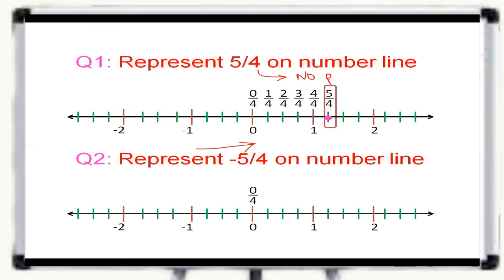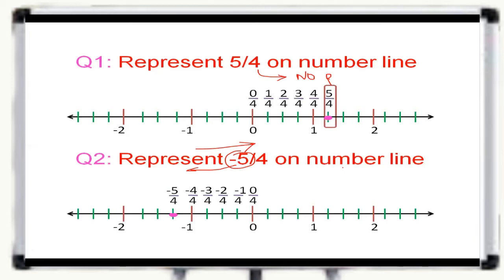Now the numerator shows us the length from 0. So here 0 means 0 by 4, minus 1 by 4, minus 2 by 4, minus 3 by 4, minus 4 by 4, minus 5 by 4. So here we have to show minus 5 by 4 on the number line.